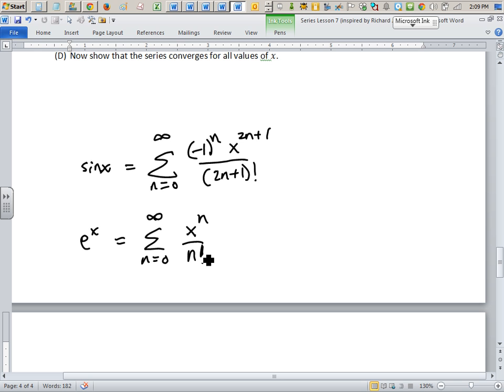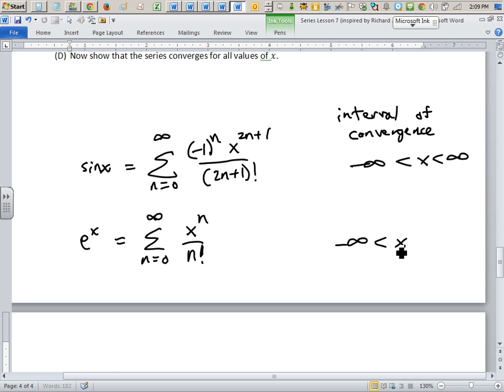Both of these converge for all x's, so the interval of convergence is all real numbers. But let's write negative infinity to infinity, because we usually write our intervals of convergence as inequalities like this. And we would also say the radius of convergence is infinite.